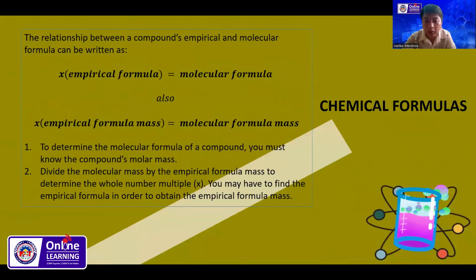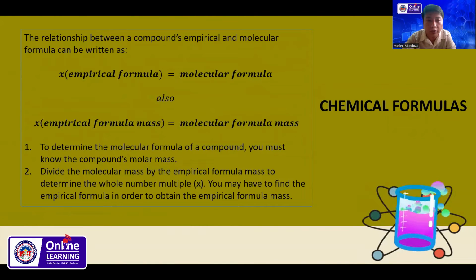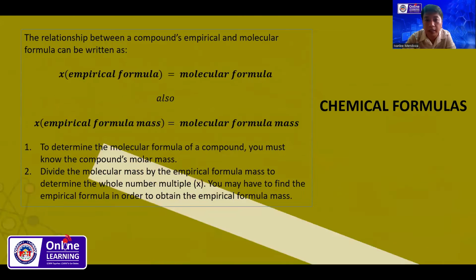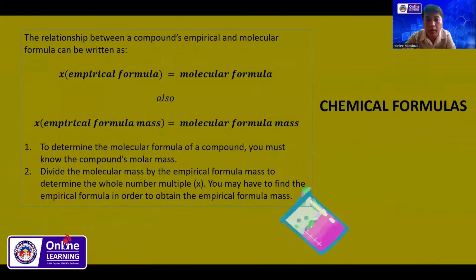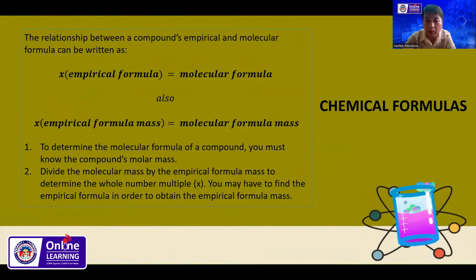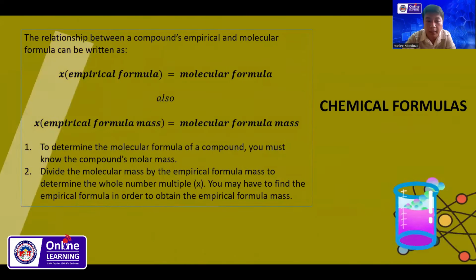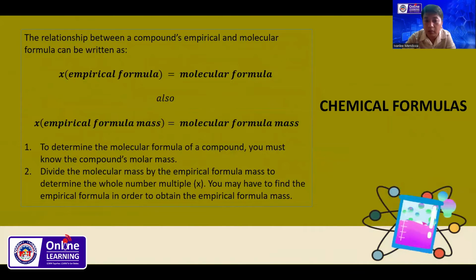Now, for us to understand, the relationship between a compound's empirical and molecular formula can be written as follows. We have X multiplied by empirical formula equals molecular formula. Also, X multiplied by empirical formula mass is equal to the molecular formula mass.